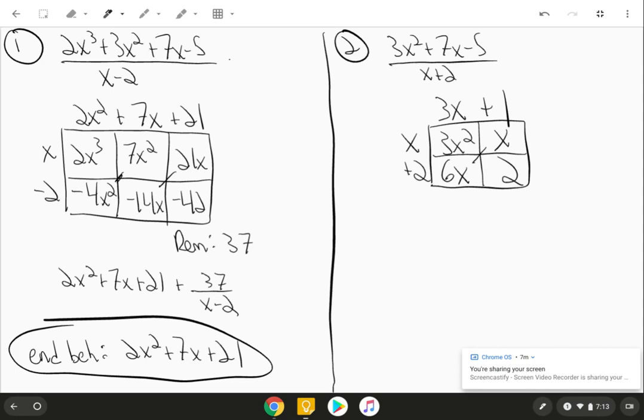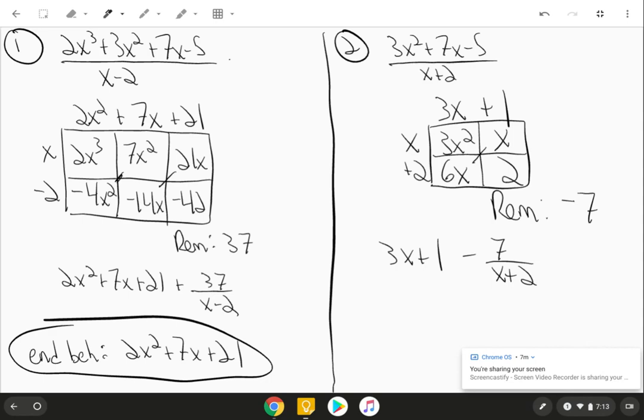Obviously we have a remainder here. My constant term I got was 2. The constant term I need is negative 5. So to go from 2 to negative 5, I need to go down by 7. So my remainder is negative 7, which makes my answer 3x plus 1 minus 7 over x plus 2.